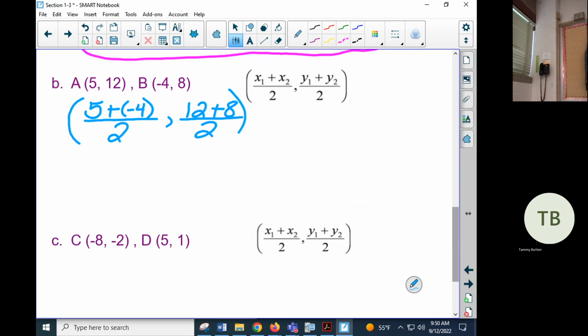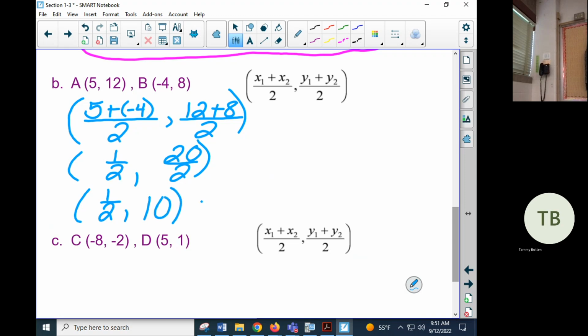Now when you do this, again, you can do it in your head. 5 plus a -4 is 1 over 2. 12 plus 8 is 20 over 2. And when you simplify that 1/2, if you wanted to write it as 0.5, that'd be fine, or leave it as a half. 20 divided by 2 is 10.